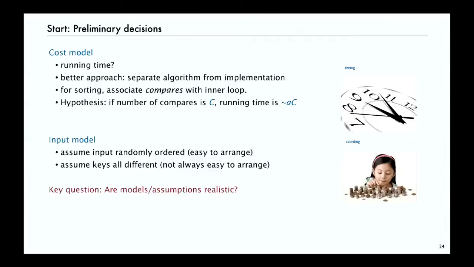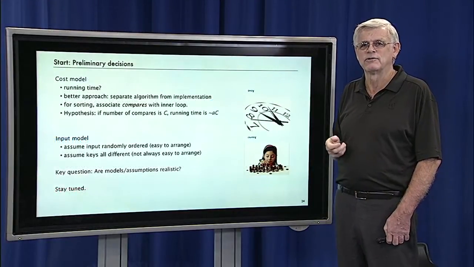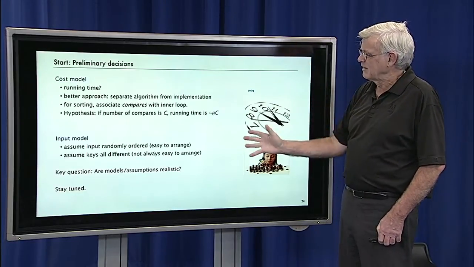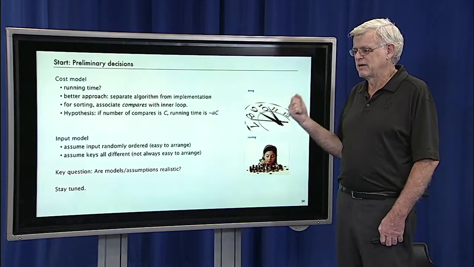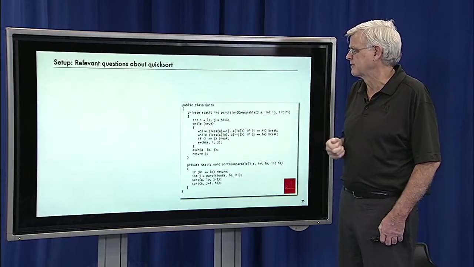We made these assumptions and these models with the knowledge that we're going to be able to test them scientifically, and we can go ahead and do that, and that's part of the process that I'll describe. So the bottom line from this slide is that we're going to count compares, and we're going to assume that the keys are randomly ordered and distinct.